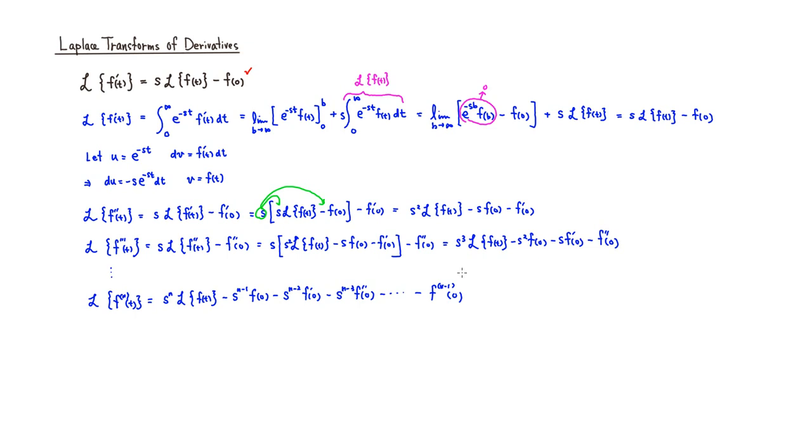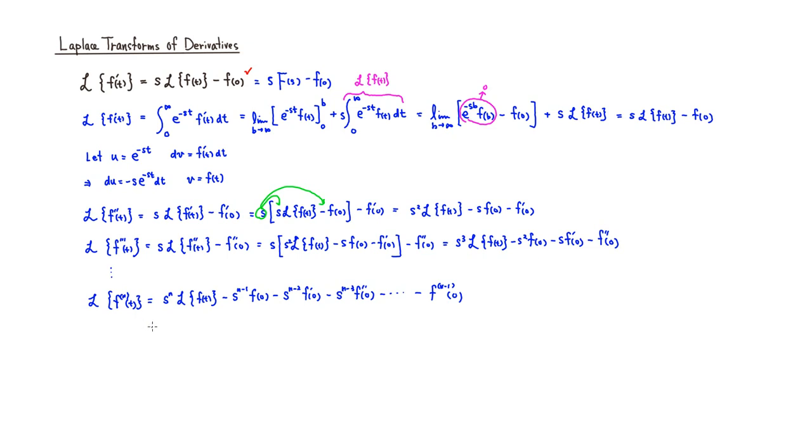If you want, you can use a capital F. Another way to write that is s times, and for the Laplace transform we tend to use capital F of s, minus f of 0.